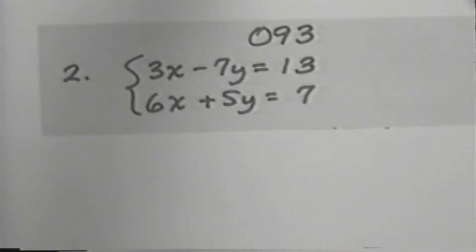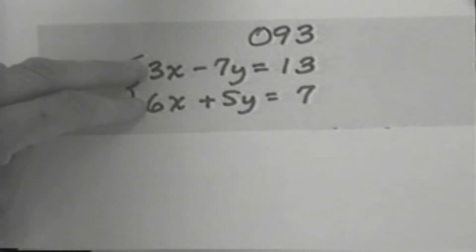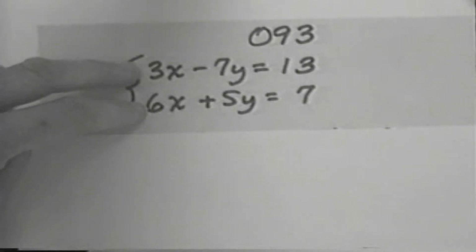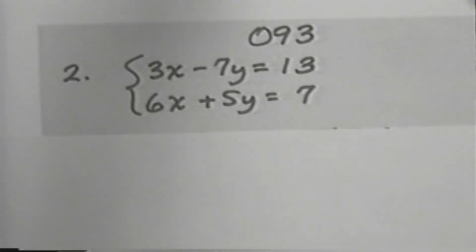It's like finding a common denominator, remember? A common denominator for 3 and 6 would be 6. A common denominator for 7 and 5 would be 35. I'm going to go with the easier version, which is the 6 for the coefficients of x.